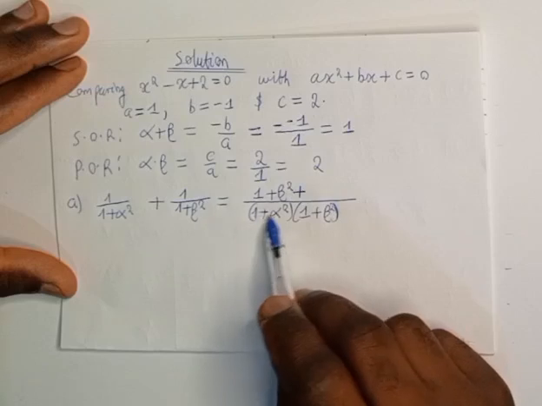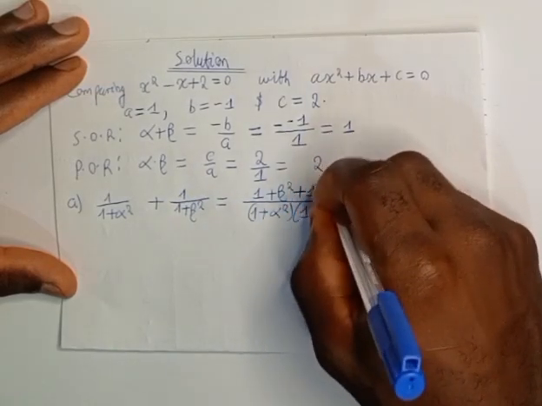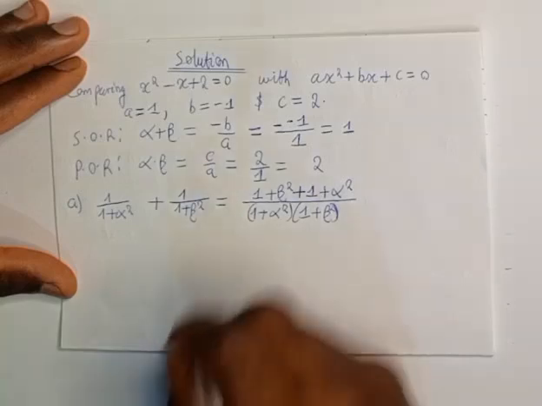We'll be left with 1 plus alpha squared times 1, which remains 1 plus alpha squared.